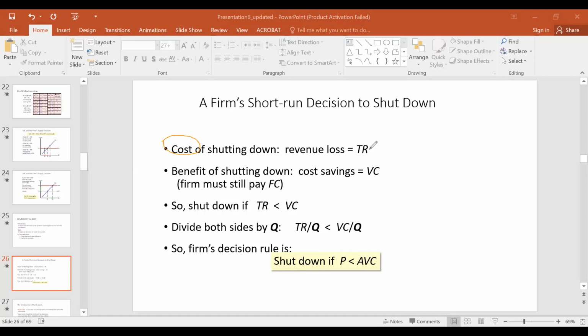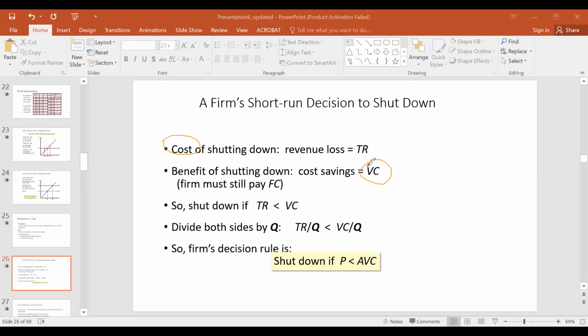You lose revenue, TR. What is the benefit? You don't pay your variable cost. As long as you are producing zero, you are not paying variable cost. Remember, variable cost starts from the origin, 0, 0. If you don't produce, you are not paying for raw materials. Variable cost, zero. So it's kind of a benefit. It's the reason why a firm may decide to shut down. You know, I don't want to keep importing this raw material.